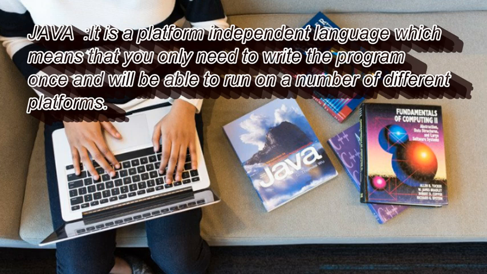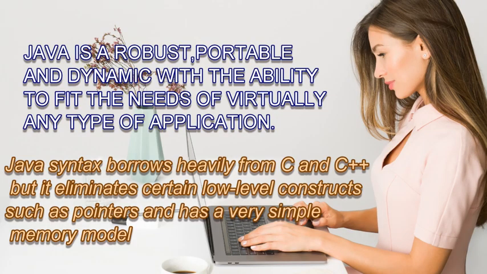But in case of Java, we can write the code on just one system and use it on any number of systems. We just need to copy that code and run it in the command prompt. So basically it is a platform independent language, so if you write a program once, you can run it on different systems as well as on different platforms, like Windows, Linux or any other operating system.